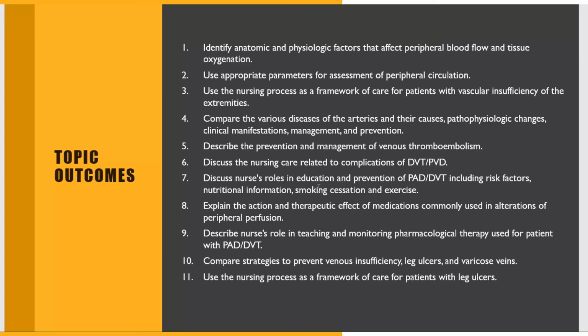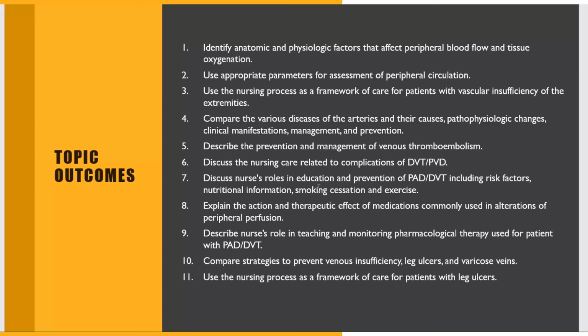Like the minimum cost to treat for PVD on a yearly basis for one patient is about $7,000. So peripheral vascular disease is actually uncommon in patients under 50 years of age, but its prevalence increases with age, and definitely as they get older, the risk factors or the prevalence goes up.